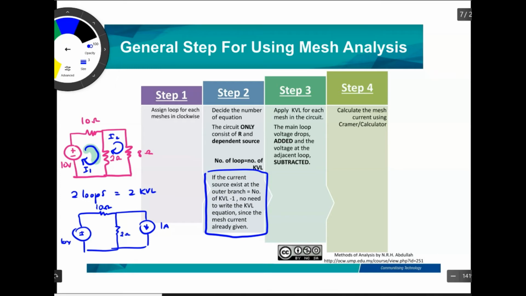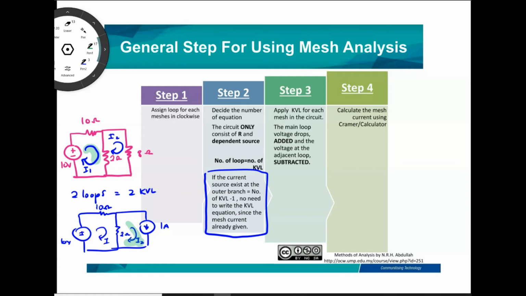So the meaning of this statement is there is no need to do the KVL equation for the second loop. So this is the first loop, and then this is the second loop. So no need to solve for I2 because I2 is already given by the circuit. So you can see that here is I2.